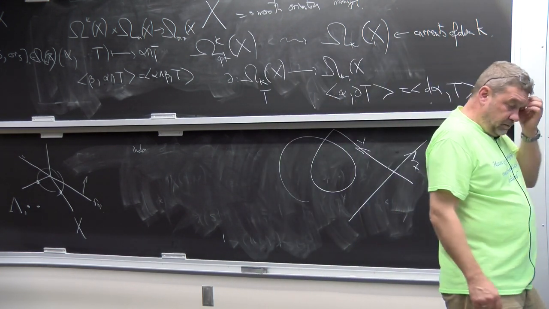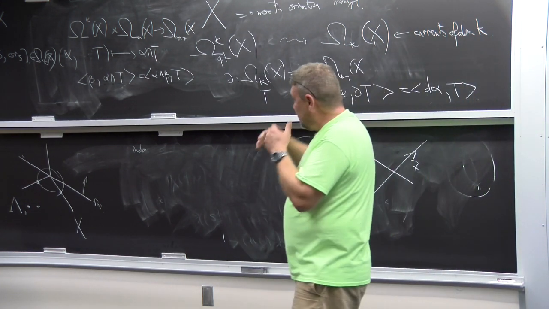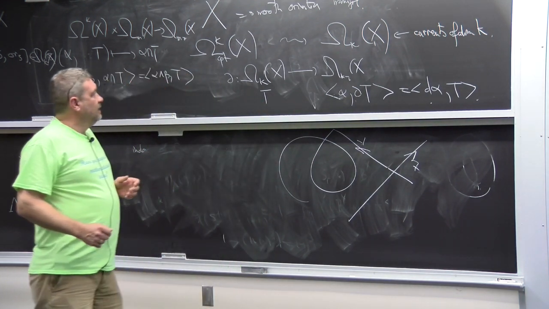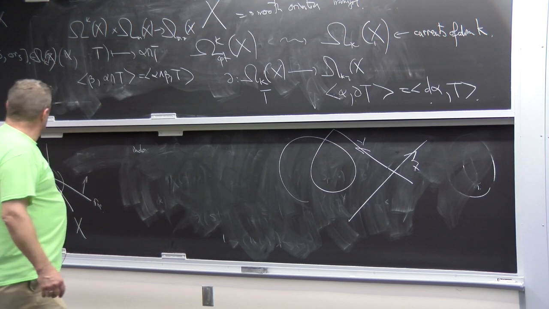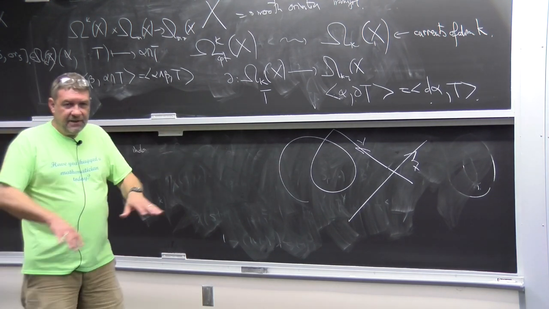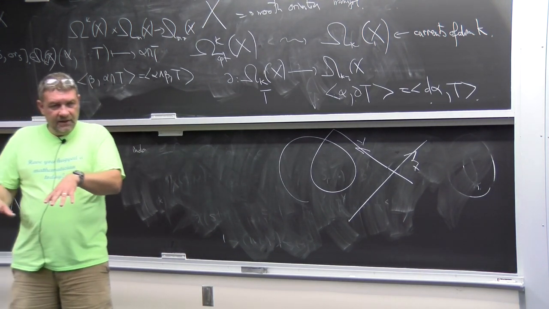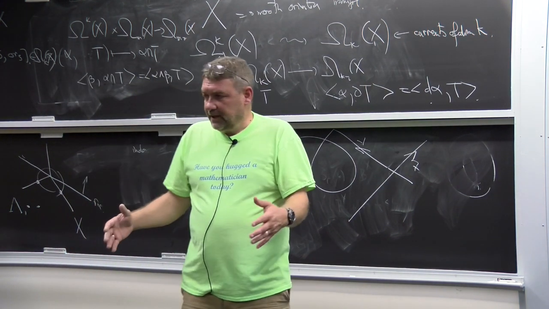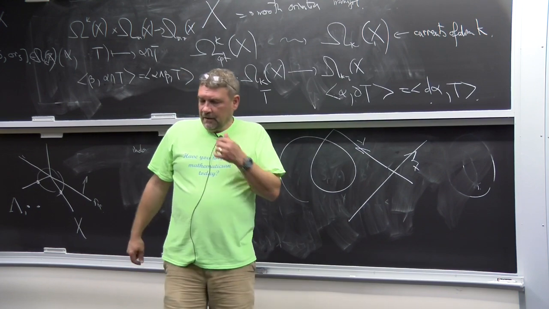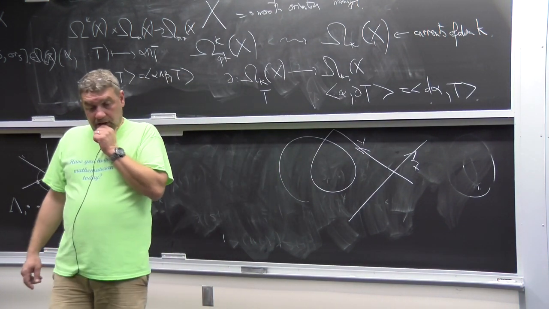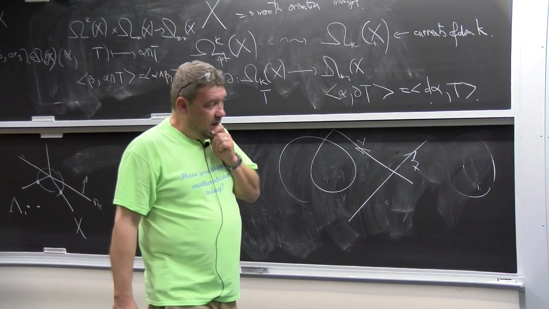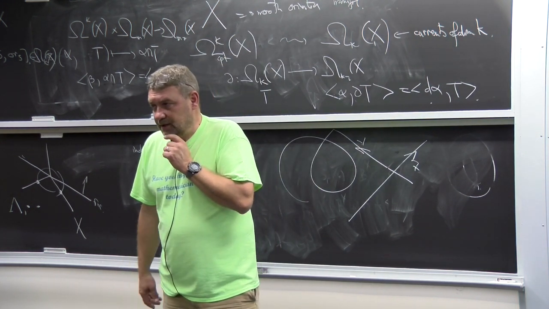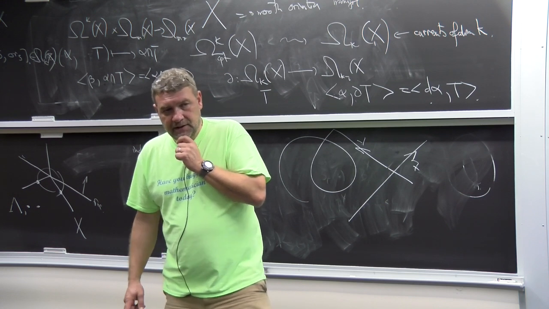So a sub-analytic current in V is just a linear combination with Z coefficients of currents of integration over sub-analytic submanifolds. Now, the boundary of such a thing is also a sub-analytic current, which is not at all obvious.